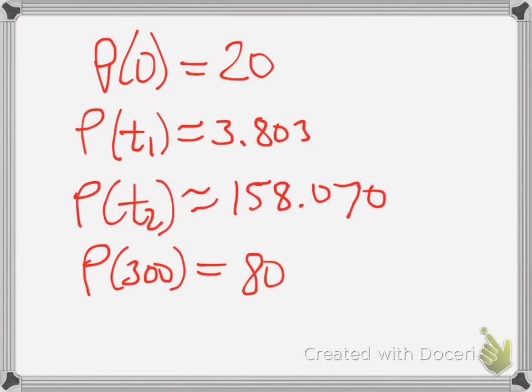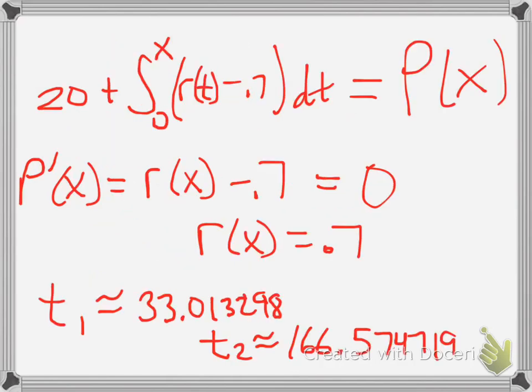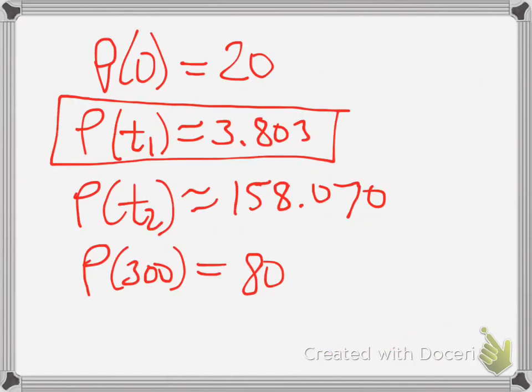And so obviously the minimum occurs right here. So you just put a sentence. The minimum occurs at T1, and you just say T1 is that 33.013298, and the number. And note the question said to the nearest whole number of people.